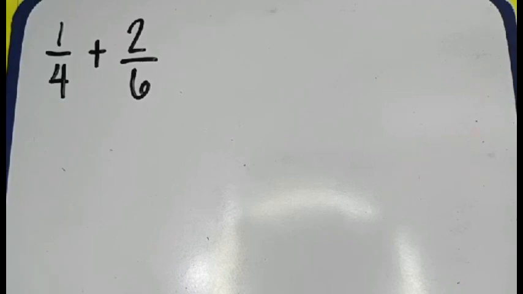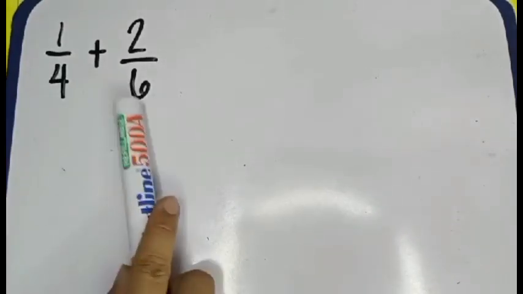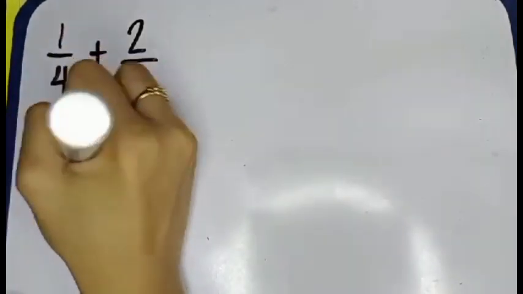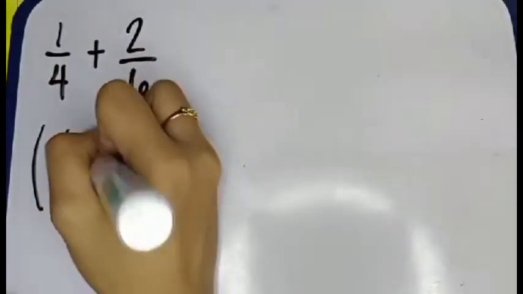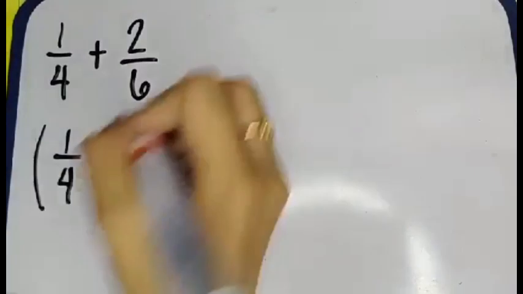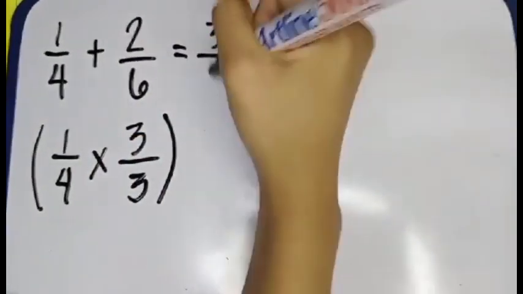Next step is we're going to multiply ulit both the numerator and denominator of each fraction, which is the 1/4 and the 2/6 by the number that makes its denominator equal to the LCM. So 1/4 times 3 over 3 is equal to 3 over 12.